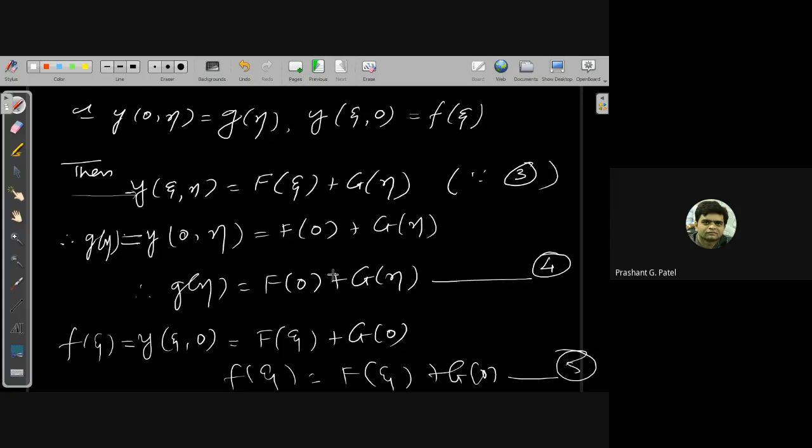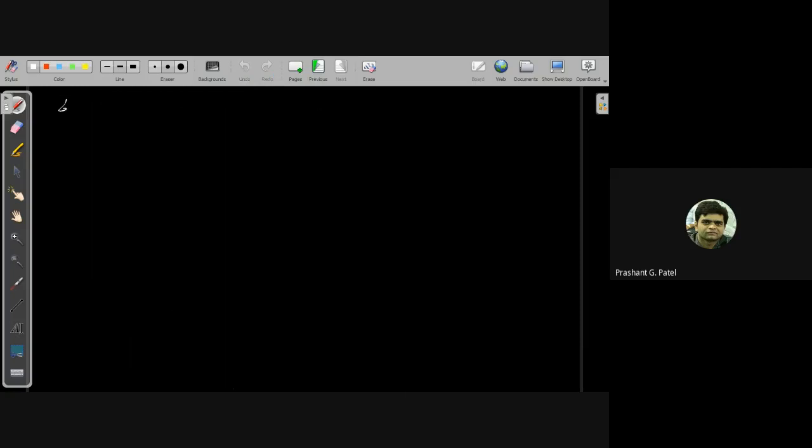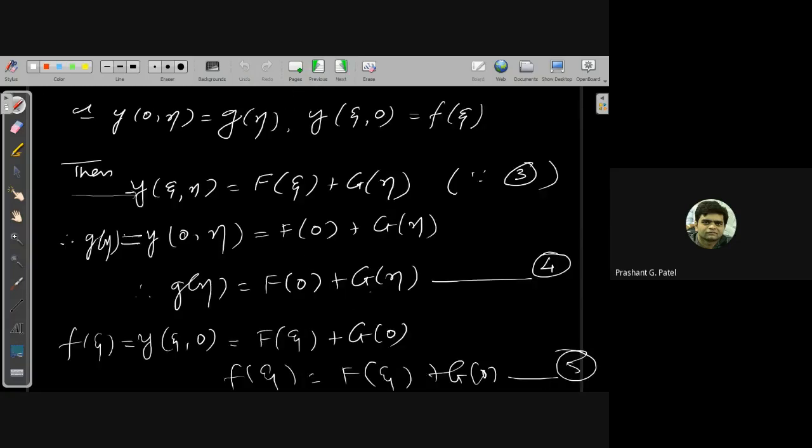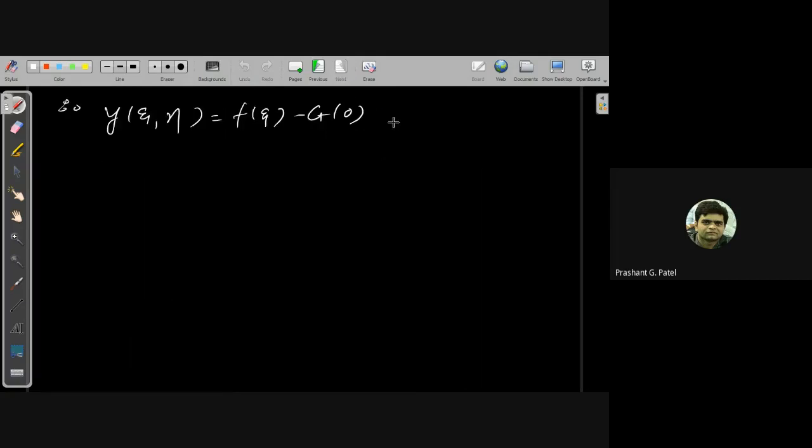If I substitute this value of f of xi and g of eta from equations 4 and 5 into equation 3, we'll have y of xi eta equal to f of xi minus g of 0, from the value of f of xi, and plus g of eta minus F of 0, from the value of g of eta. That leads to f of xi plus g of eta minus small f of 0.